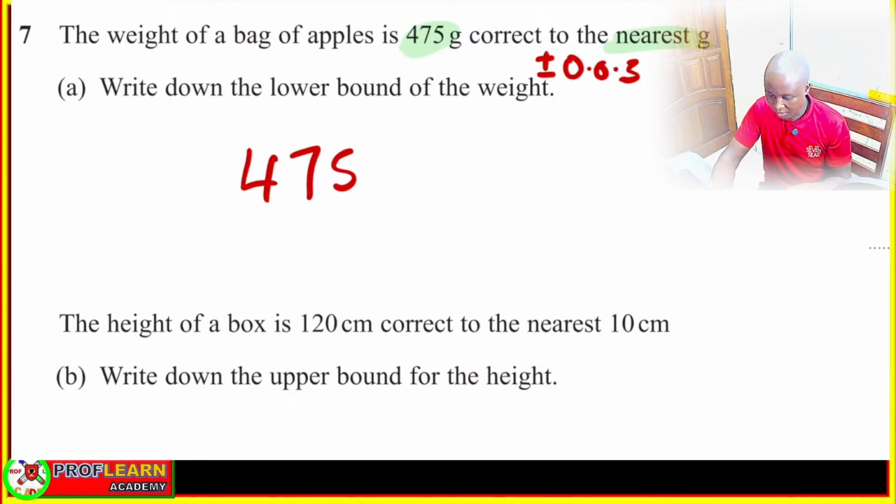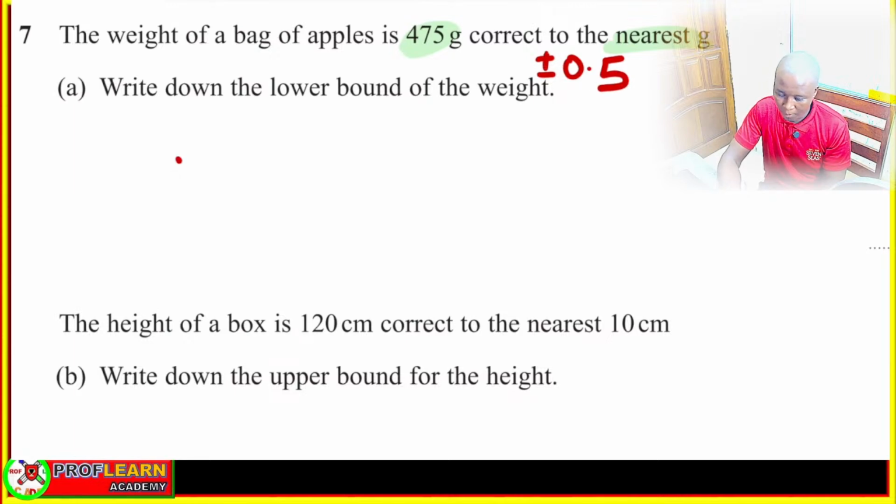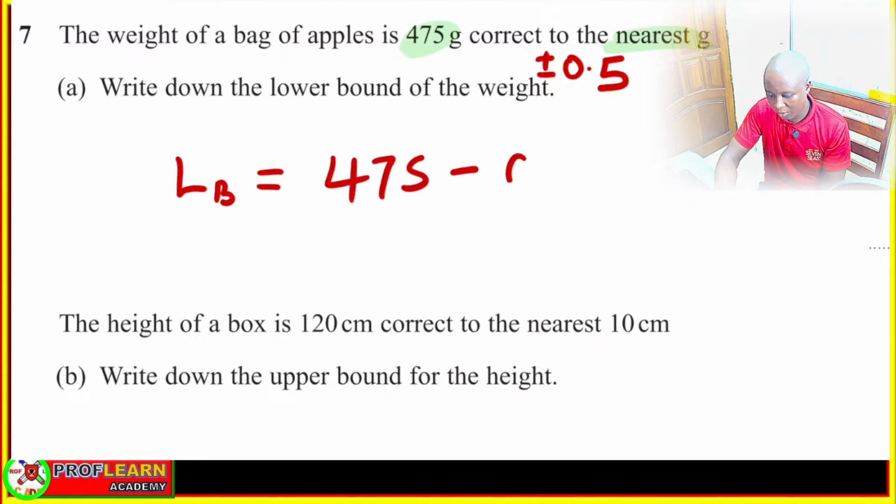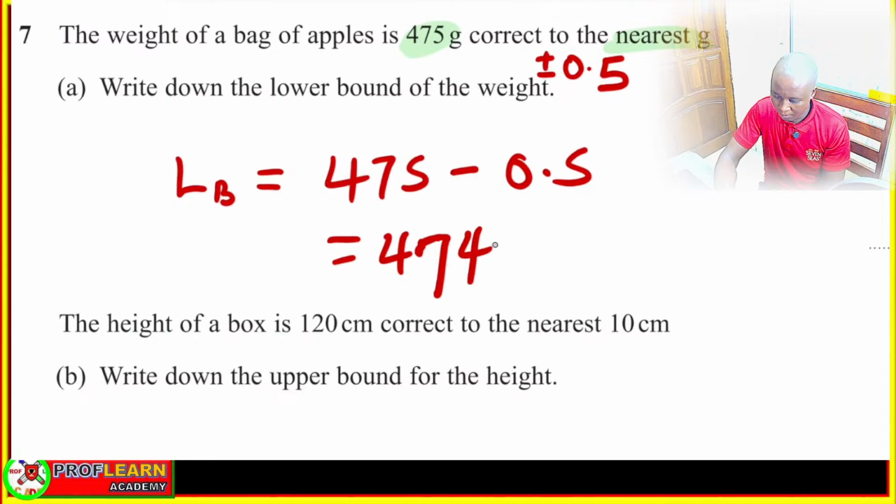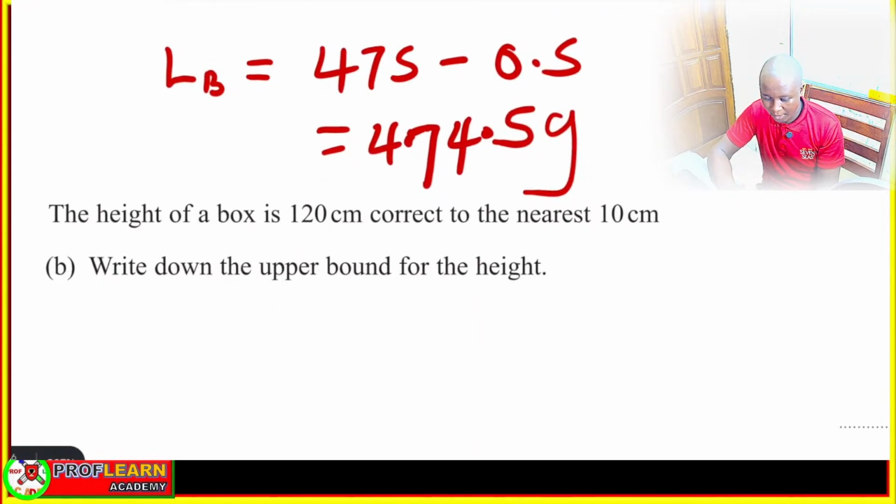I think I'd written, the pen jumped, so we have 0.5 there. So the lower bound is going to be 475 minus 0.5, and that is going to be 474.5 grams. The height of a box is 120.